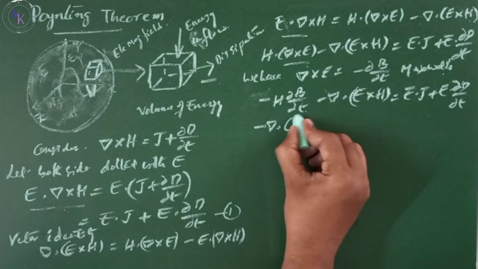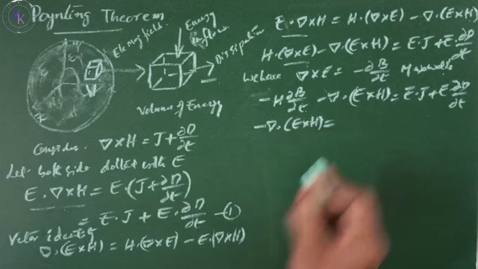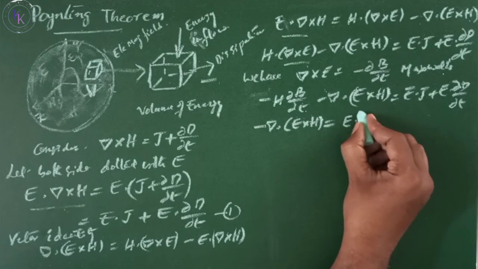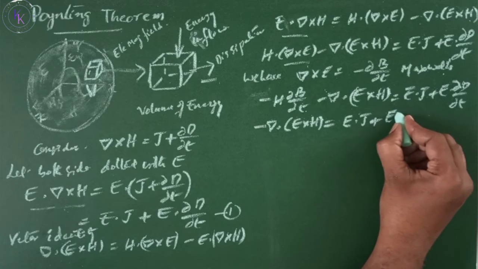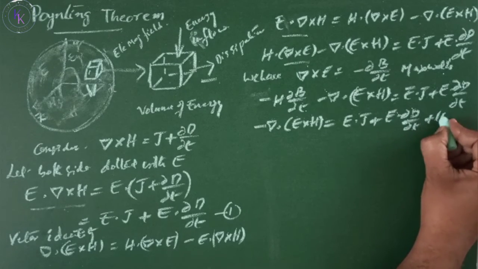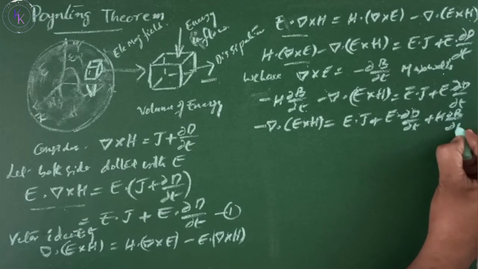Taking this term to the other side, del dot E cross H equals E dot J plus E dot dou D by dou t plus H dot dou B by dou t.